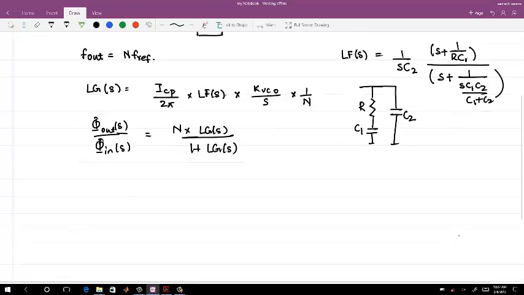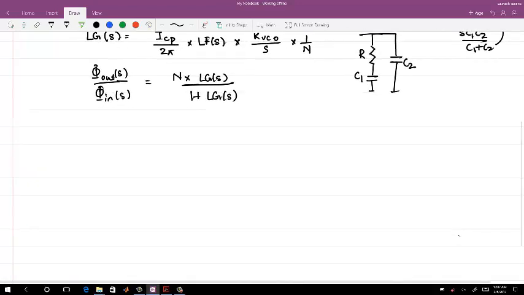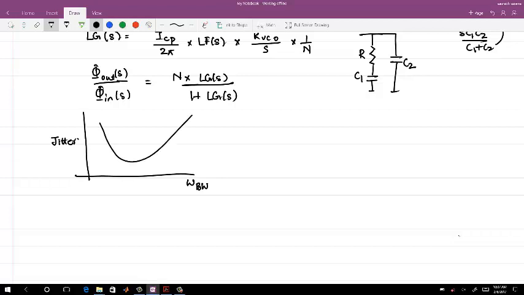At the very end, we also saw that if I plot jitter versus the bandwidth of the PLL, it may have this kind of characteristic, where you will have some optimum point depending on different noise sources.